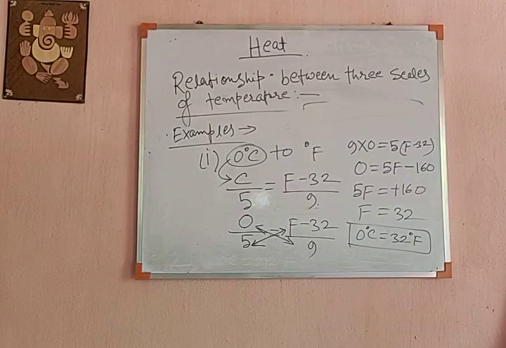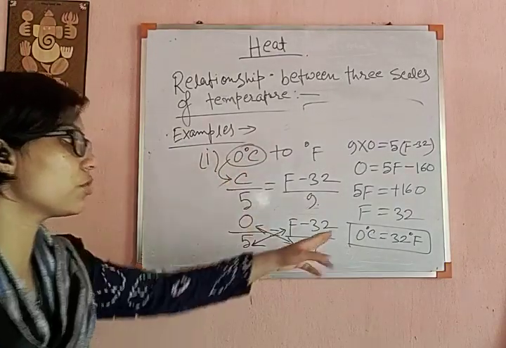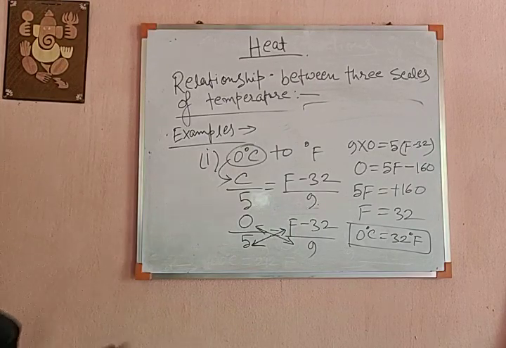Next, in a similar way, we have converted the lowest temperature in the Celsius scale to the lowest temperature of the Fahrenheit scale. So take the highest temperature, the highest division, that is 100 degrees Celsius. So convert 100 degrees Celsius to degree Fahrenheit.